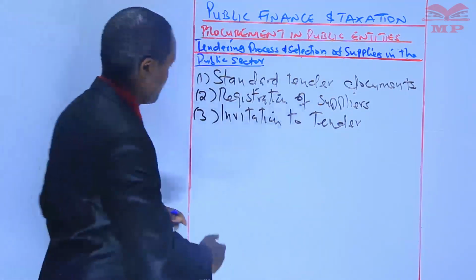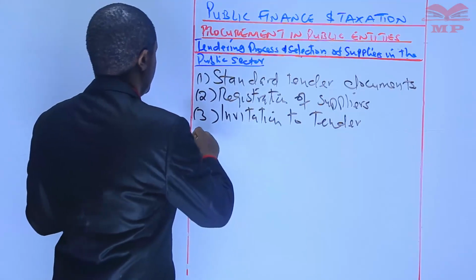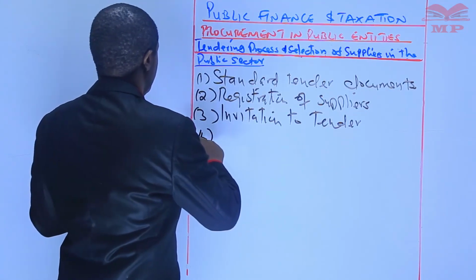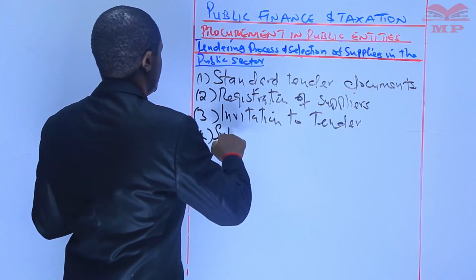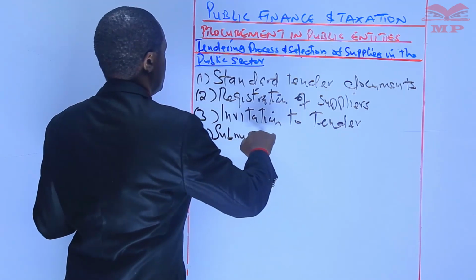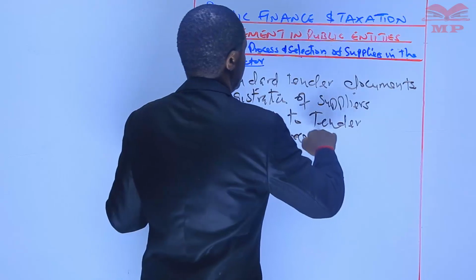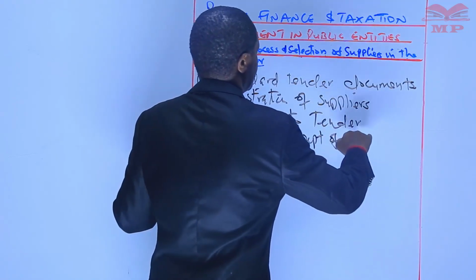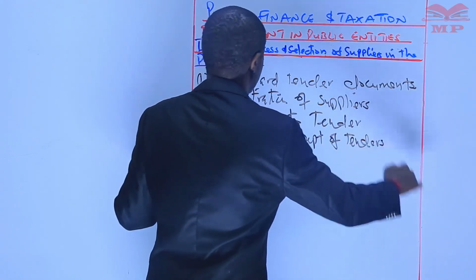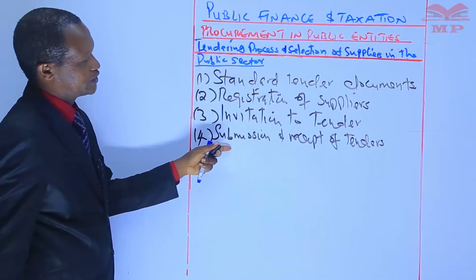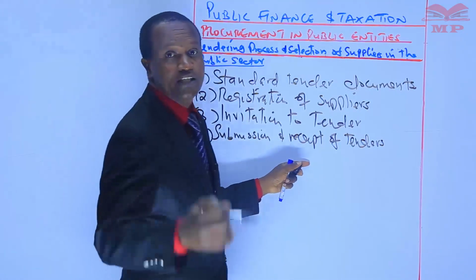Number 4 is the submission and receipt of tenders. We are going to analyze the process of submitting and receiving tenders.